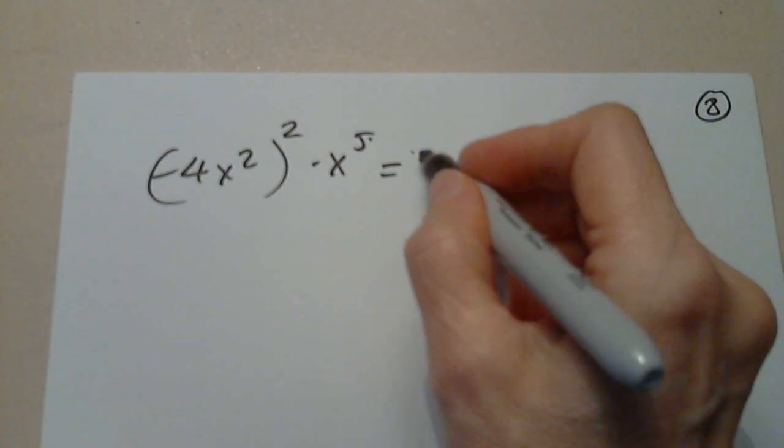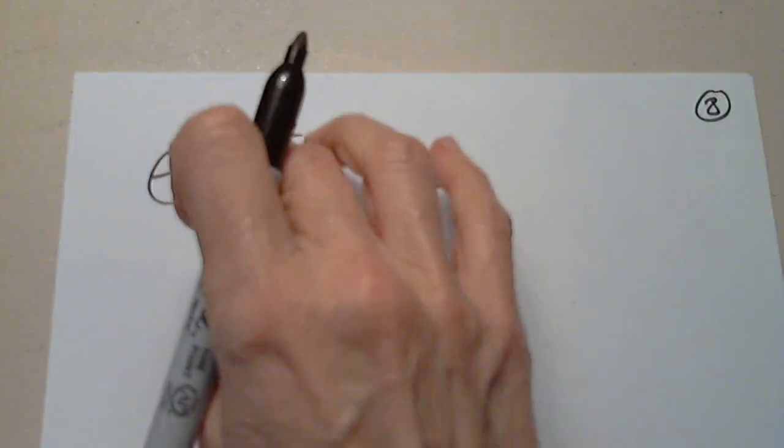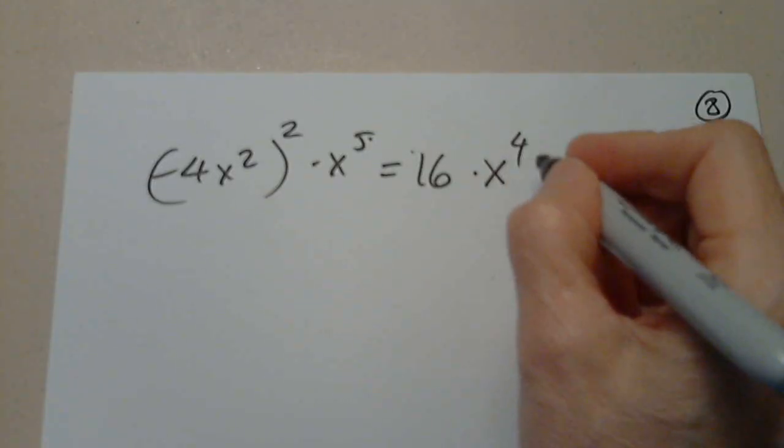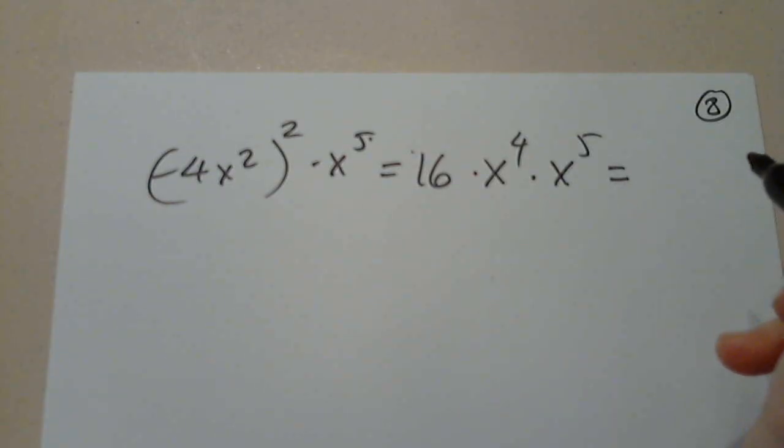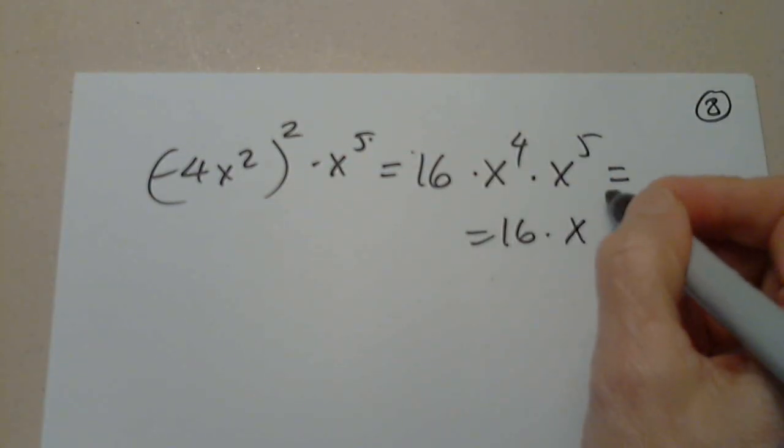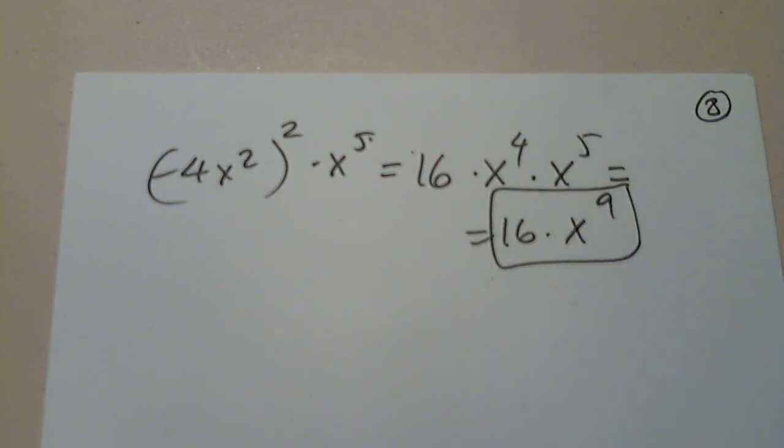Negative 4 squared is 16. X squared squared is x to the 4th times x to the 5th. So this is 16 times x to the 9th. And that's it. So what he did was, first of all, he did not square negative 4. By not squaring negative 4, he got the incorrect answer.